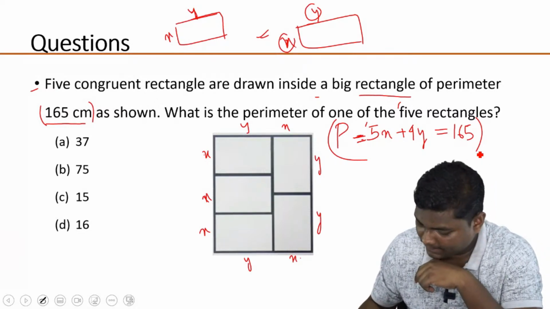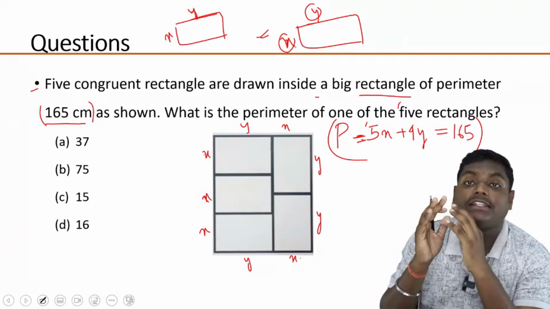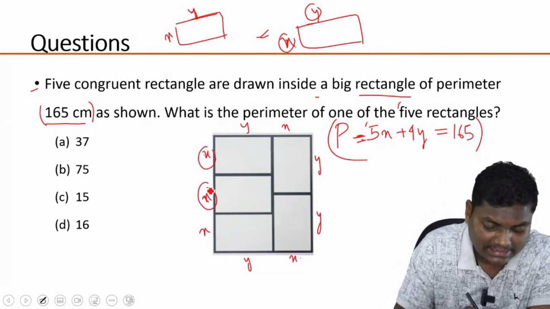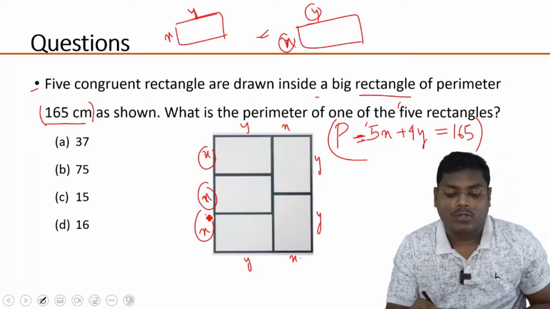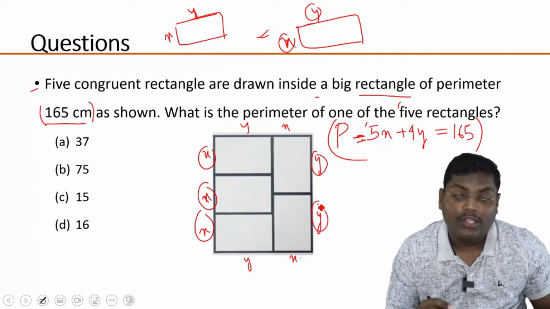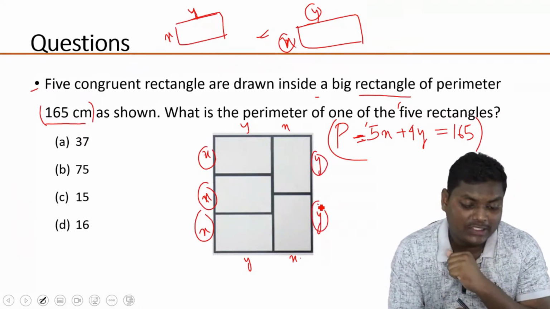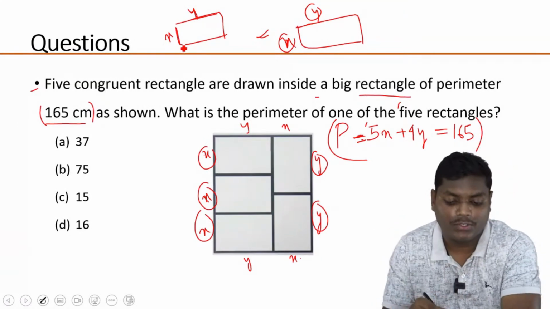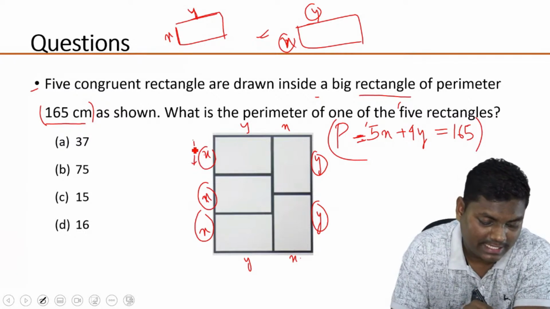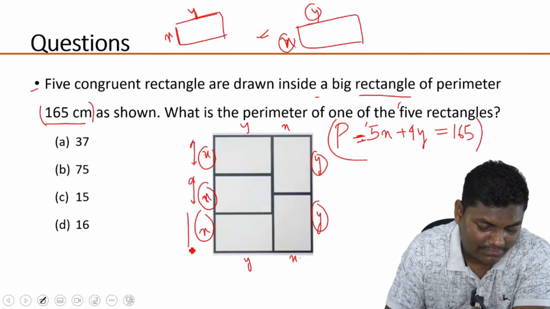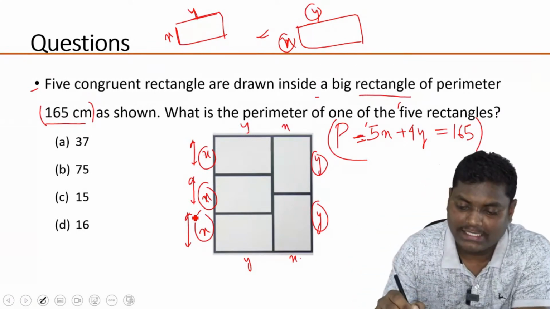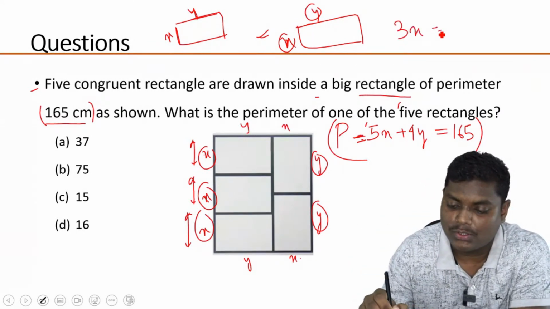Great, Romy. Now, the important thing, if you can identify from this figure, is that 3x is equal to 2y. We can see here this x, and this x, and this x, if we add up all, this is equivalent to 2y. So basically 3x is equal to 2y.